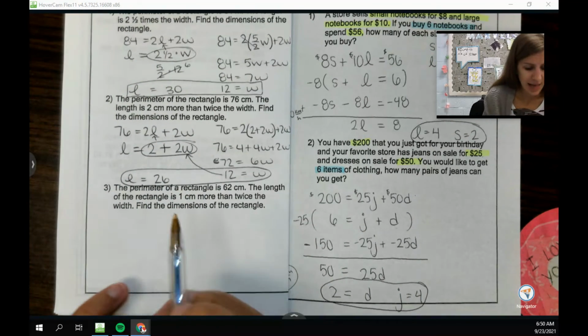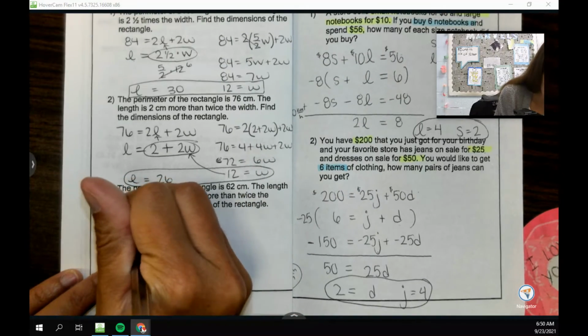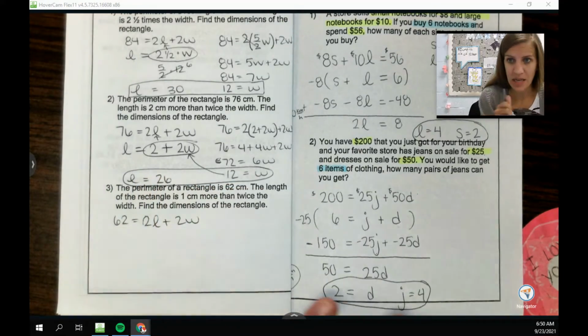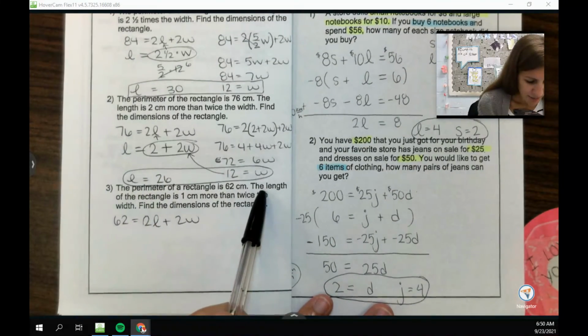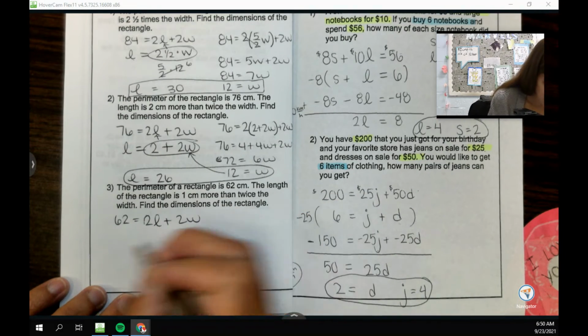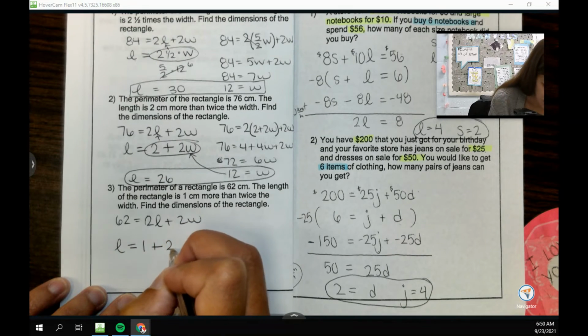And so then the last one like that, the perimeter of a rectangle is 62. Same jam. 62 equals 2L plus 2W. Ooh, I'm going to do this one a slightly different way. The length of the rectangle is 1 more than twice the width.